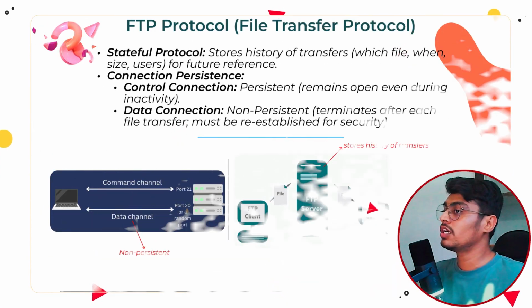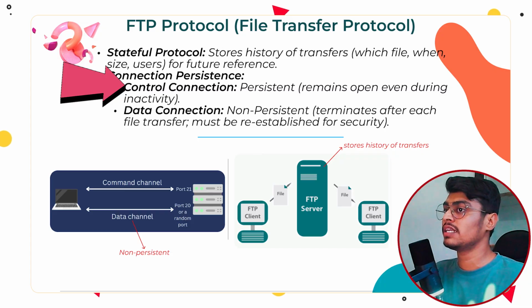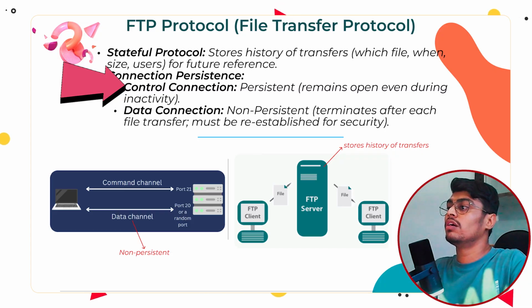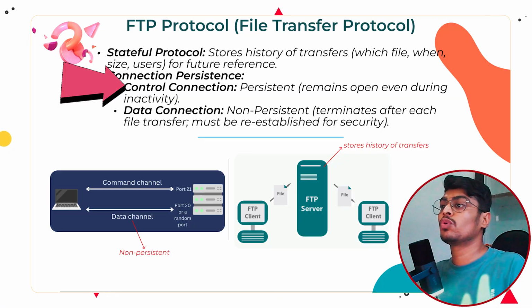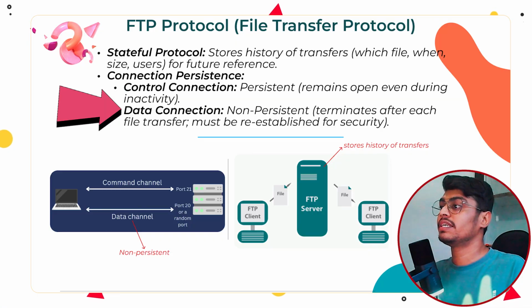Then we talk about the control connection being persistent. Control connection is persistent, meaning even if you delay in between and don't send data or information for some time, the control connection will remain established. But the data connection is non-persistent; the data connection will be lost, and you have to establish the data connection again, for security purposes. FTP is reliable.